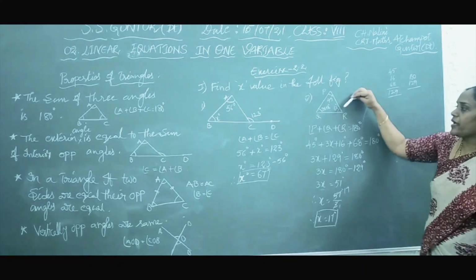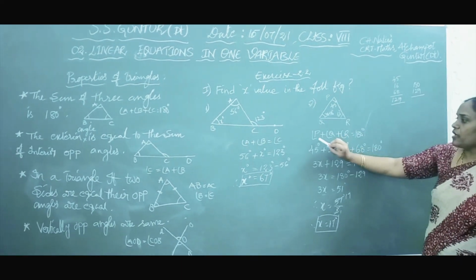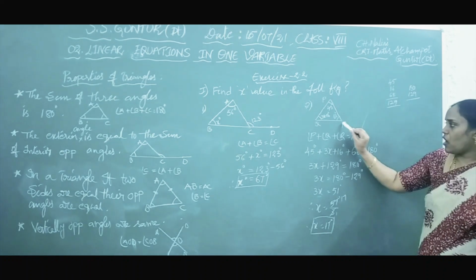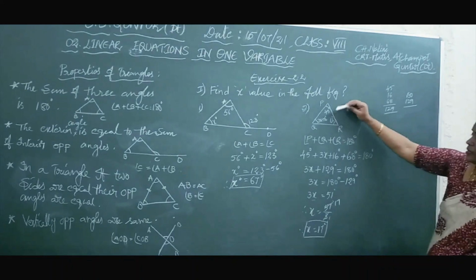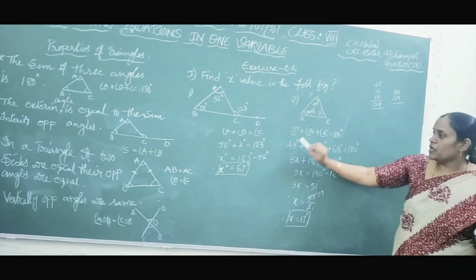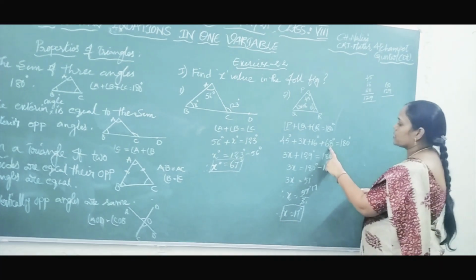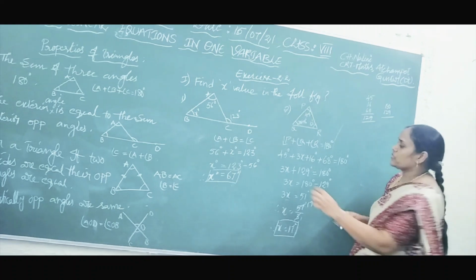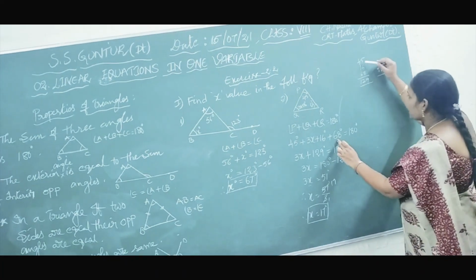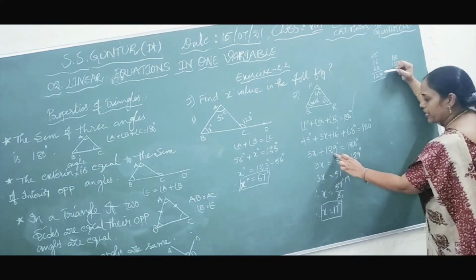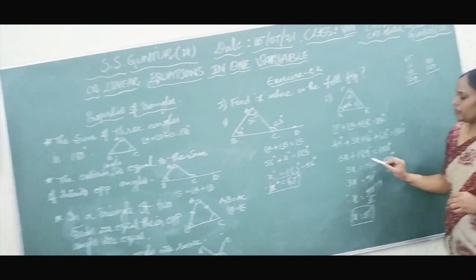Substituting: 45 plus 3x plus 16 plus 68 equals 180. Taking the x term first, 3x plus 129 equals 180. So 3x is equal to 180 minus 129, which is 51.